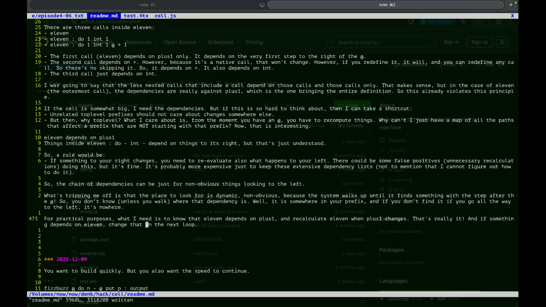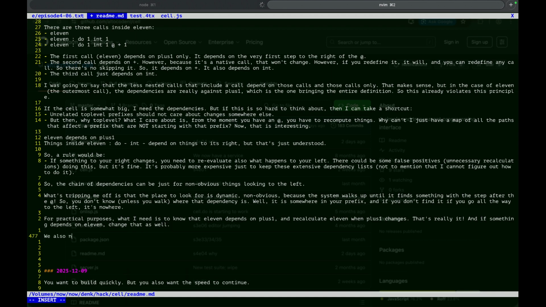Why not change that as well? We also need to prevent with an error as a value. Yes. Circular references.